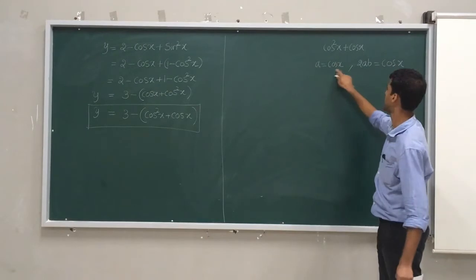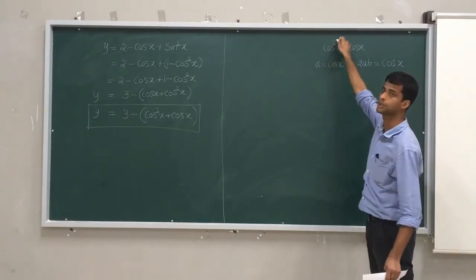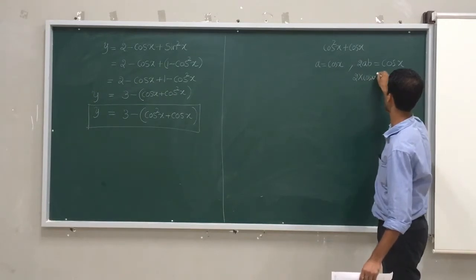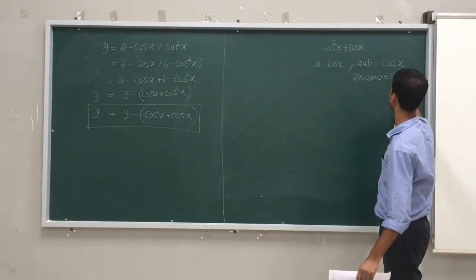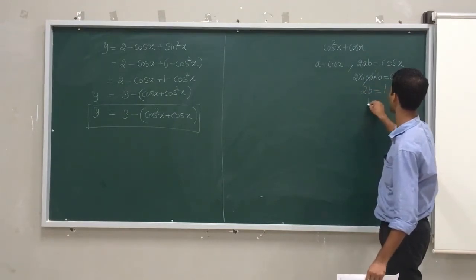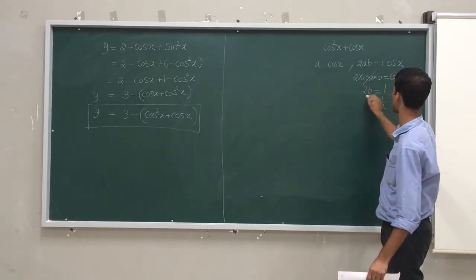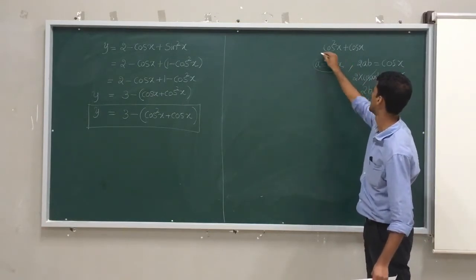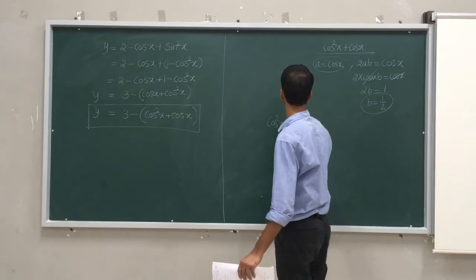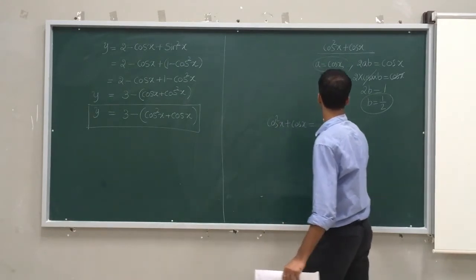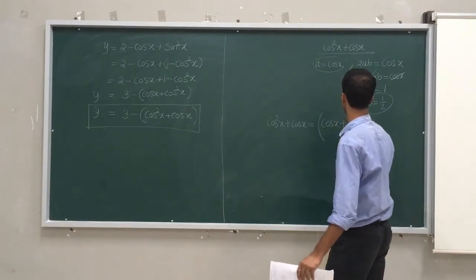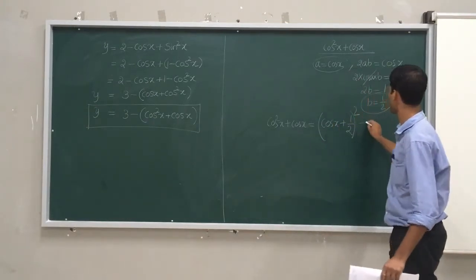But we already know a is cos x, so it is 2 into cos x into b is equal to cos x. So cos x gets cancelled, 2b is equal to 1, b is 1 by 2. With this I got to know b is 1 by 2, and a is cos x. So I can write cos square x plus cos x as cos x plus 1 by 2 the whole square, minus 1 by 4.